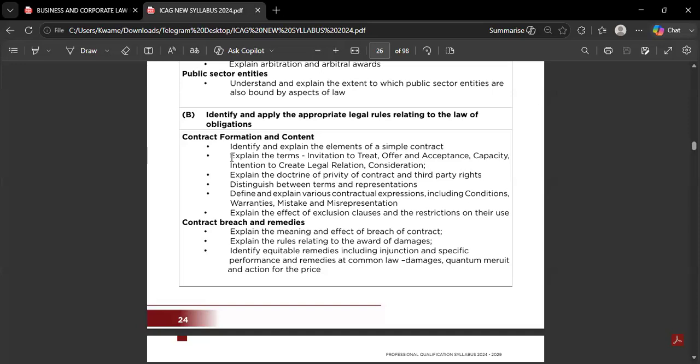Then the discharge of the duty: contracts are discharged either by full performance or by partial performance, where one party accepts the partial performance, or by a breach. And where there are breaches too, we have various measures that the court will put in place to redeem the party that is affected, the victim.